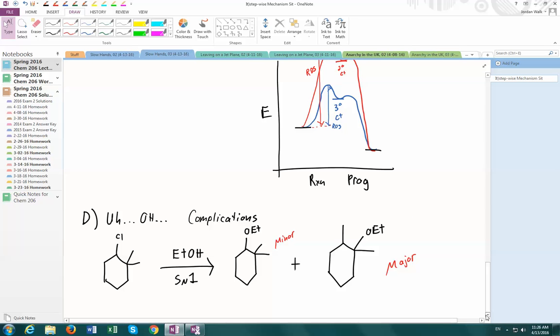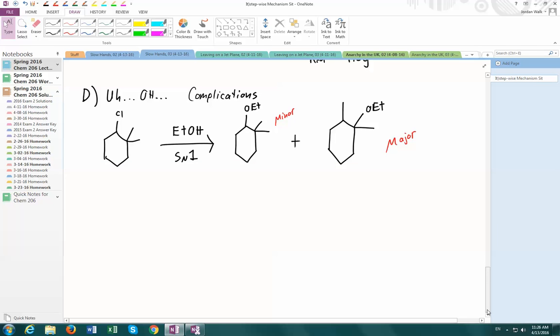So anytime that you might feel a little lost, let's say I ask you to draw a reaction mechanism and you're not sure exactly how this happens, do what you know. And so I've told you this is an SN1 mechanism, so what's the first step definitely going to be? Yeah, we're going to eject our chlorine, right? Since it's an SN1 mechanism, we know just automatically that's the first step.